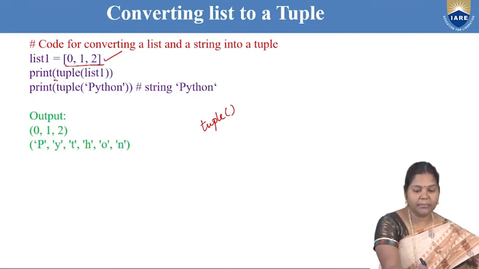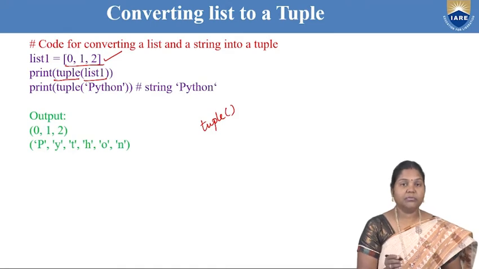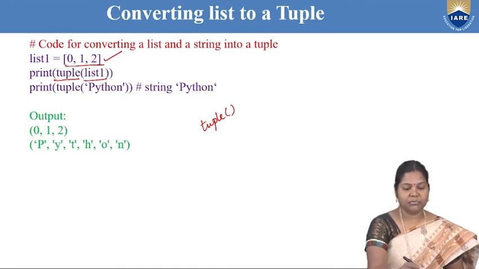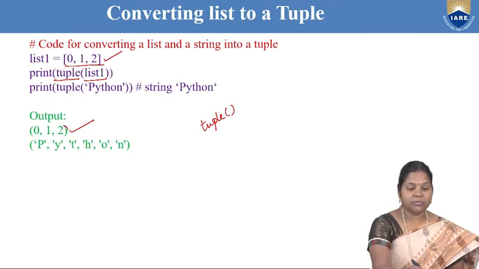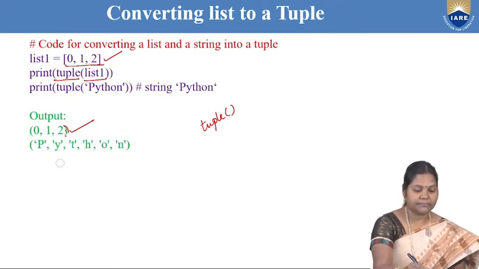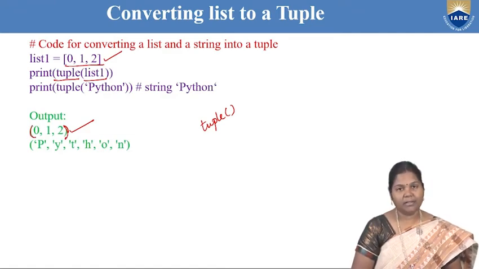We have used print tuple of list 1. You can see the output 0, 1, 2. Now the brackets have changed to tuple brackets. It is no more a list, it is now a tuple.